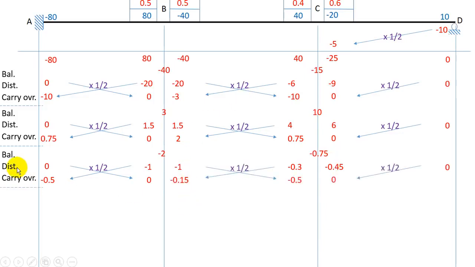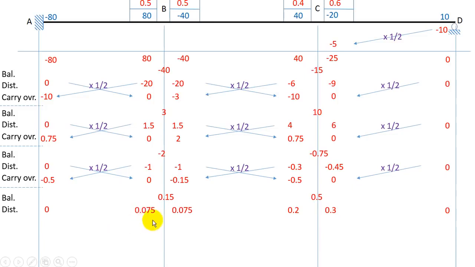Now you saw my distribution has come down to 0.3 and 0.45, but I still want a lower value. So let us try another iteration. Let us check if we get a very small value.